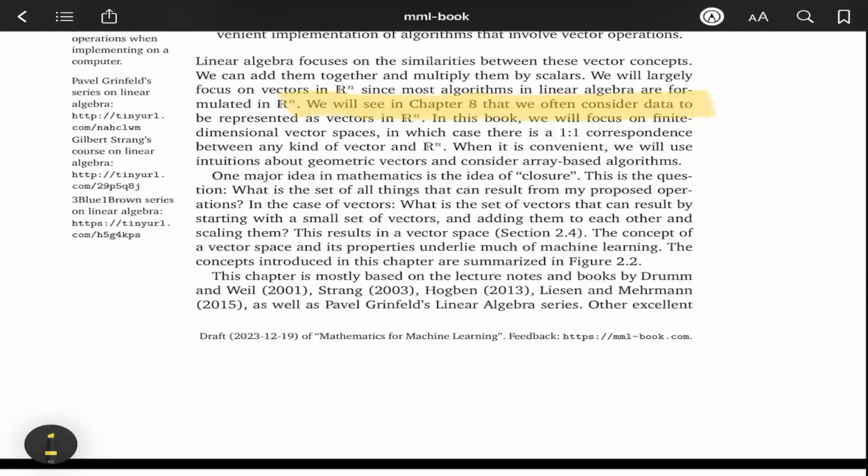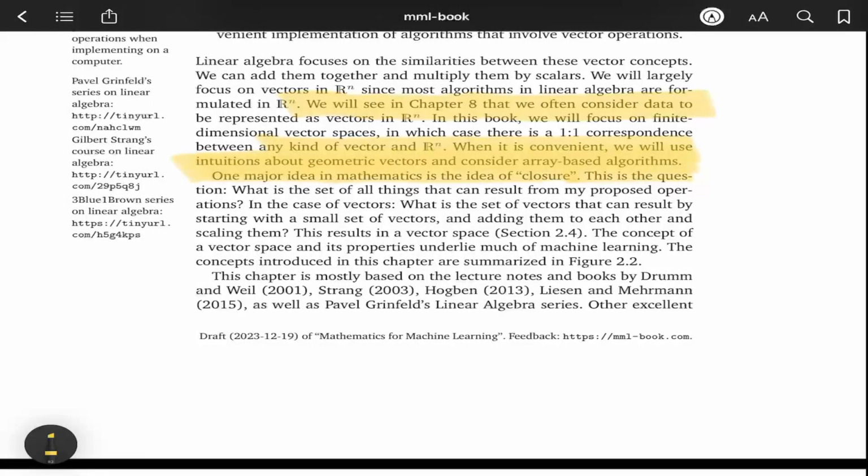In which case, there is a one-to-one correspondence between any kind of vectors and Rn. When it is convenient, we will use intuitions about geometric vectors and consider array-based algorithms. One major idea in mathematics is the idea of closure.